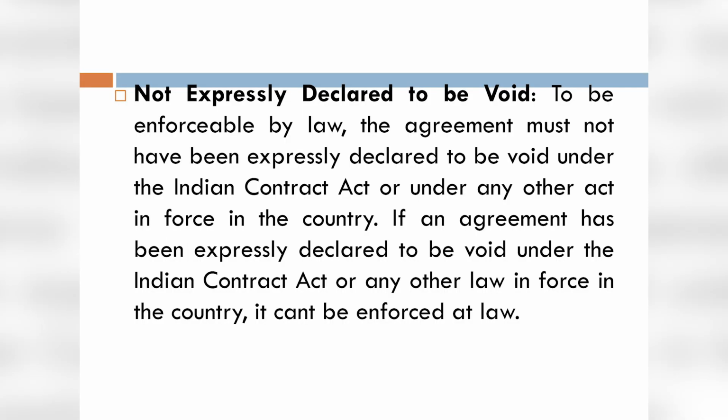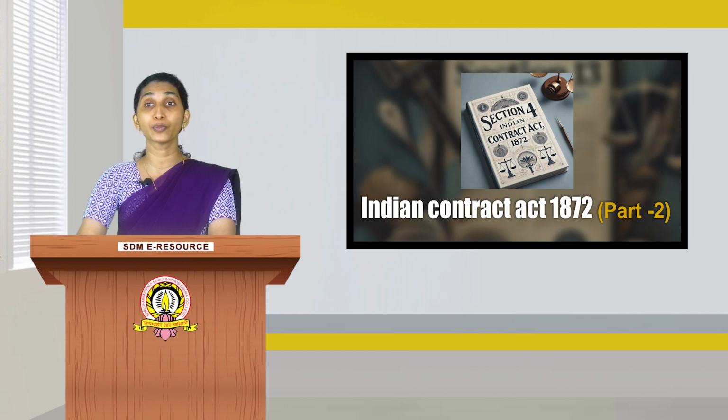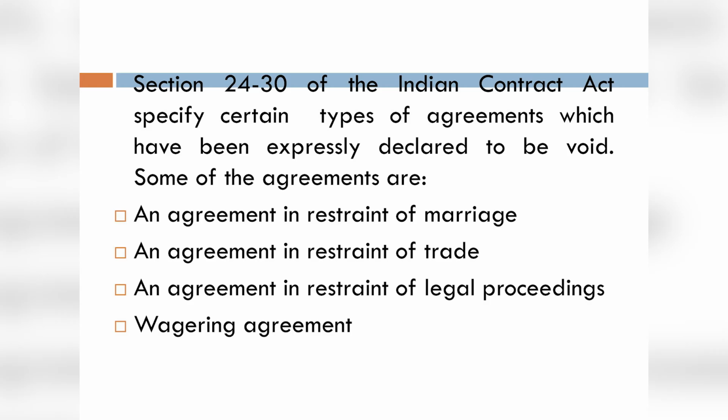To be enforceable by law, the agreement must not have been expressly declared to be void under the Indian Contract Act or under any other Act in force in the country. If an agreement has been expressly declared void, it cannot be enforced at law.